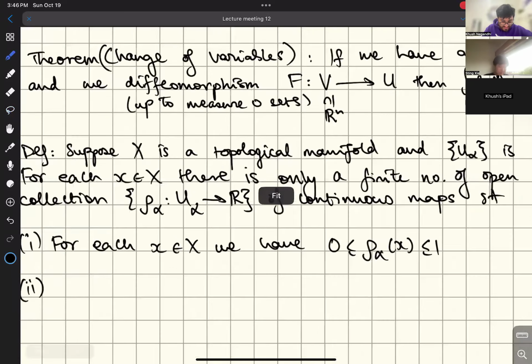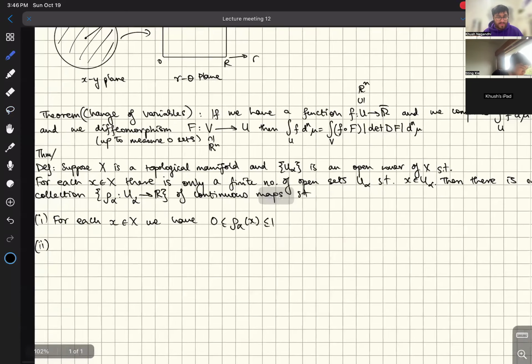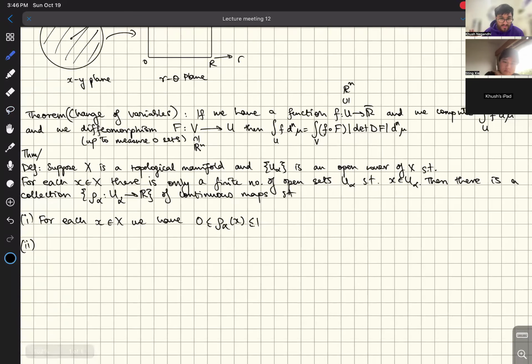This is a definition slash theorem. So it's both a definition and a theorem. If you can find such an open cover, then these partitions of unity exist. So that's the theorem aspect. And then we define a partition of unity to be precisely this collection of sets.